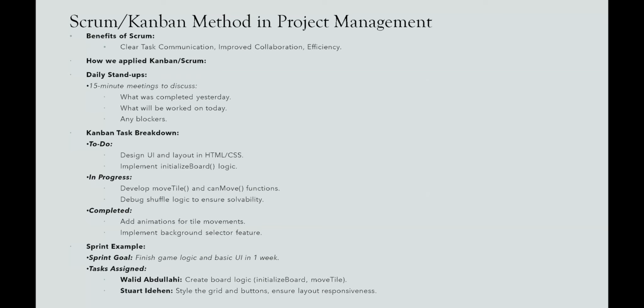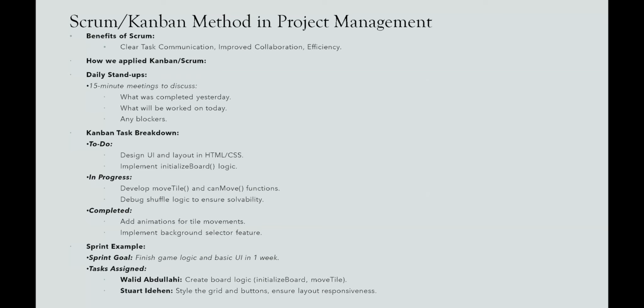The Kanban task breakdown included: to do, designing the user interface and layout in HTML and CSS, and implementing and initializing board logic. In progress, we have developed the move tile and can move functions and are debugging shuffle logic to ensure solvability.